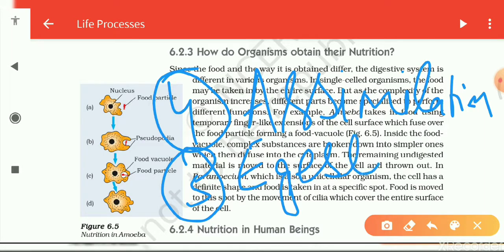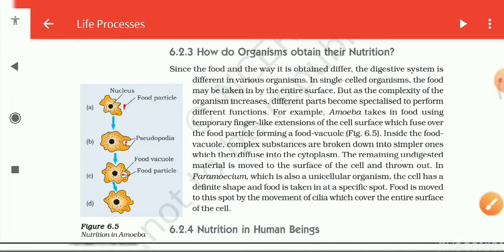Students should first understand the meaning of all these different steps of nutrition. Then you will better understand nutrition in amoeba. Let's start now one by one. The first step is ingestion.